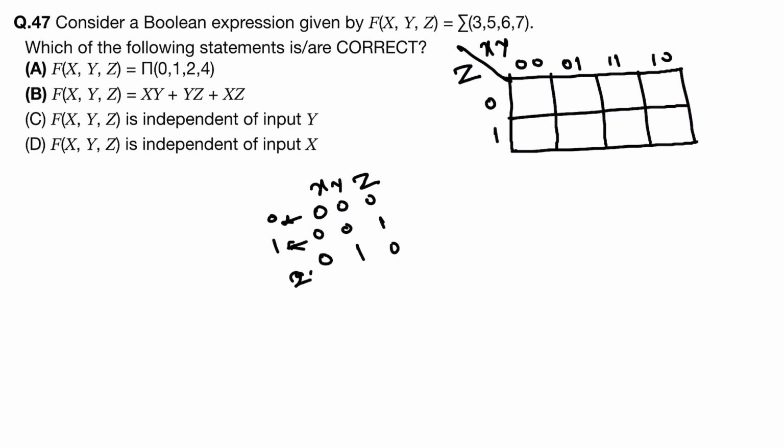It will go. This is 0, which is 1. Z is 1, so 1. And then this is 2, 3, 4, 5, 6, 7. So 3, 5, 6, and 7.